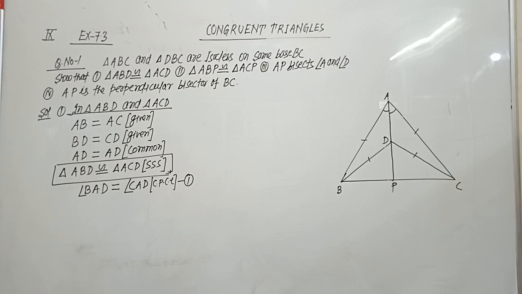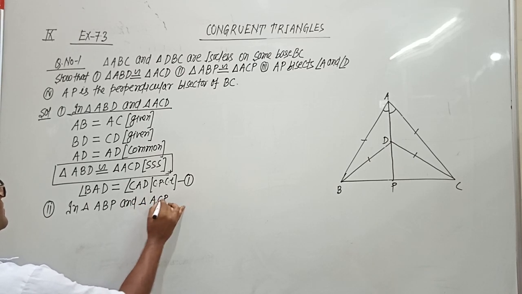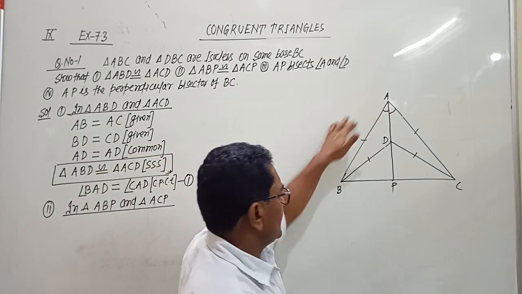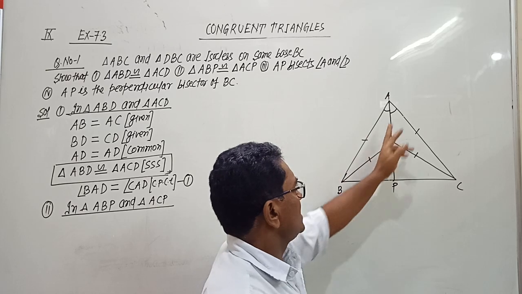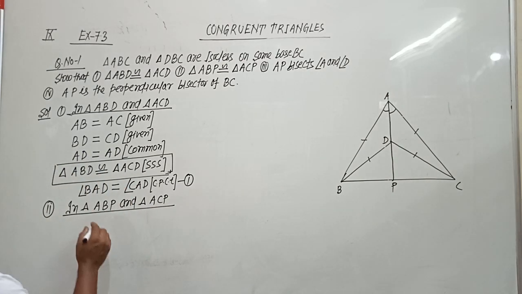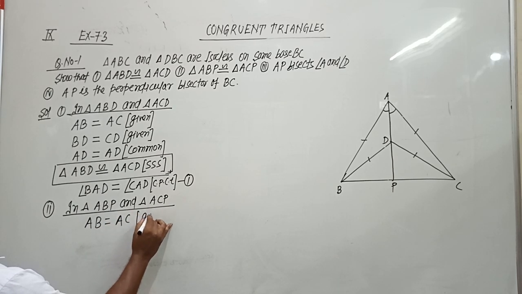So in triangle ABP and triangle ACP, AB equals AC, because triangle ABC is isosceles. So AB equals AC, given.